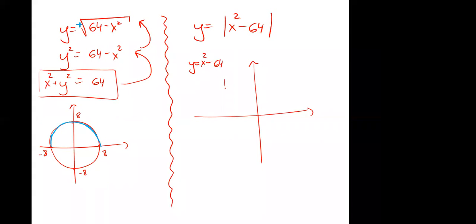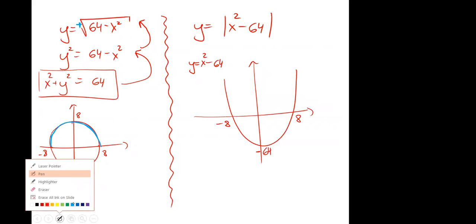Minus 64 means that I'm dropping 64 units down. And this will be 8, the distance 8, because when I square this, I have zeros. But this is still the function inside, okay?